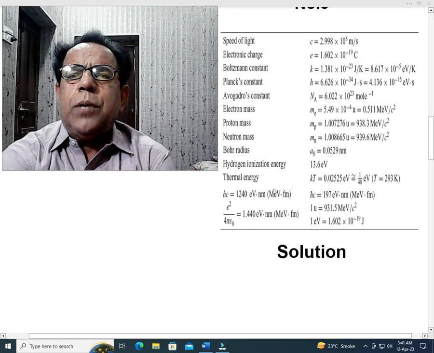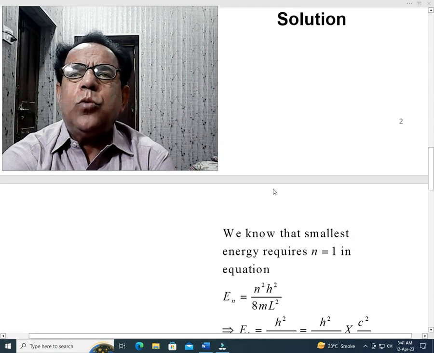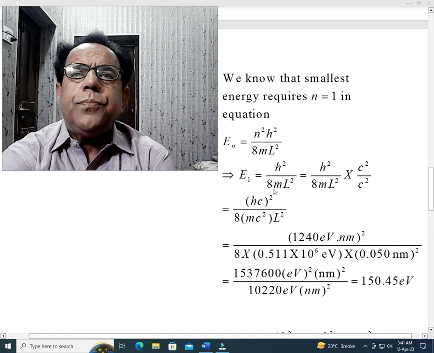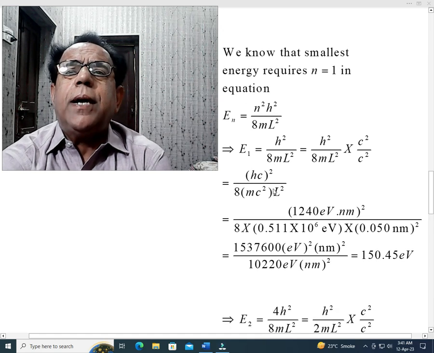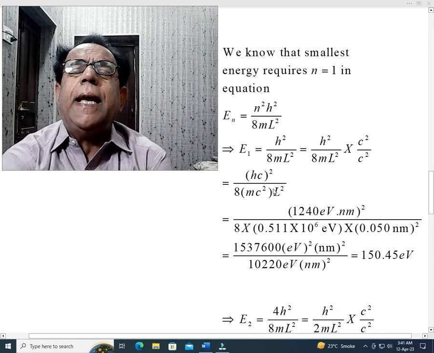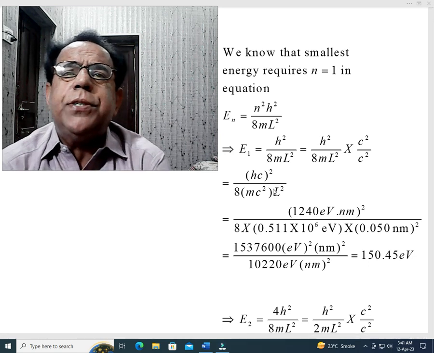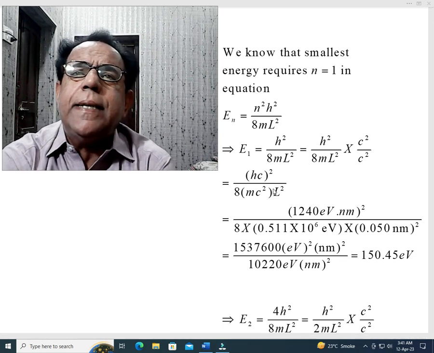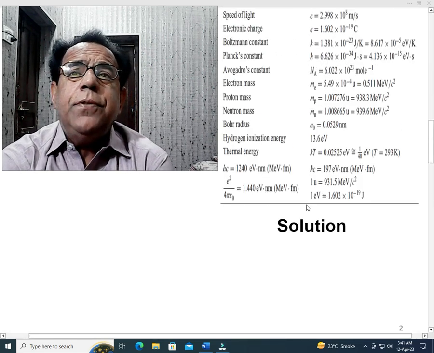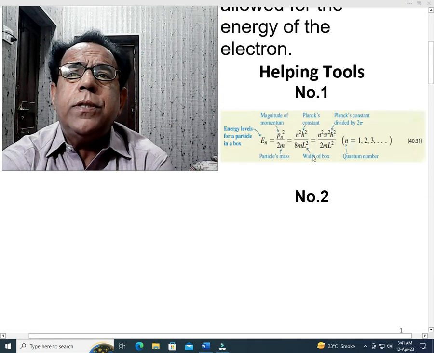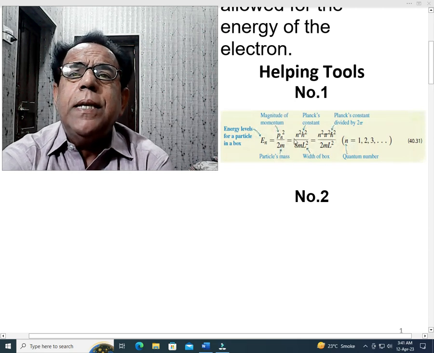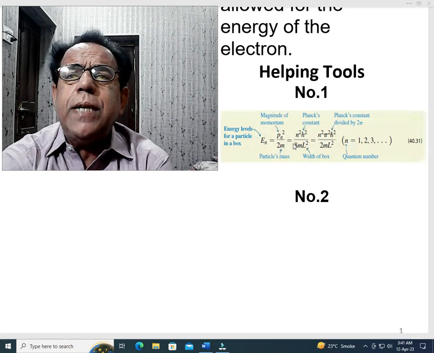So now we come to its solution. We know that smallest energy requires n equal to 1 in equation En equal to n square h square over 8 m L square. We once again go back to this expression. From here we have not used the first equivalent expression, and we have not used the third equivalent expression.